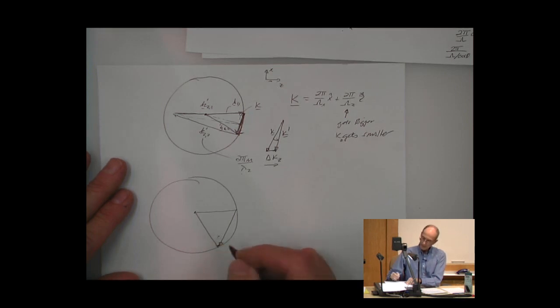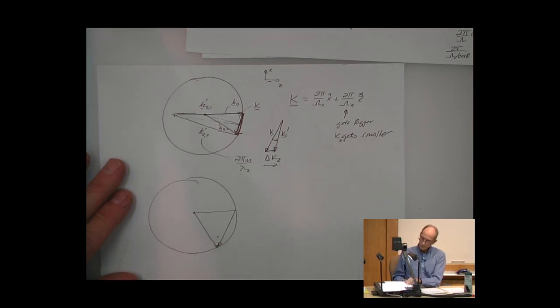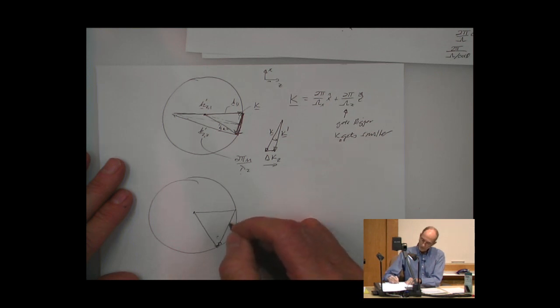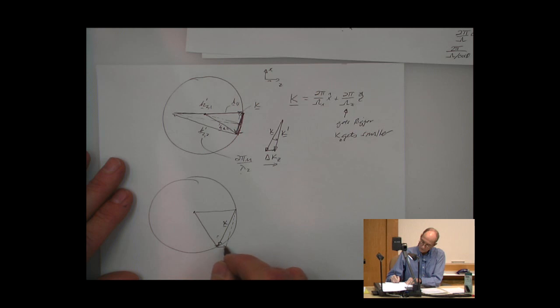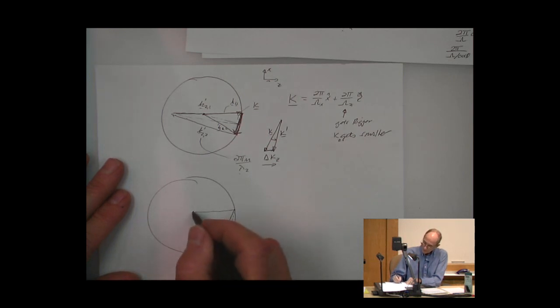And here's our k vector. Now the k vector rotates towards the z-axis. Again, here's the bisector for this one, and now here's the bisector for the second grating.